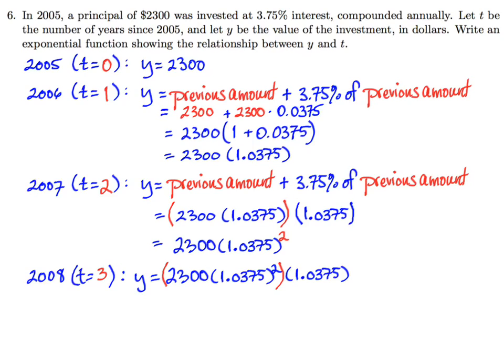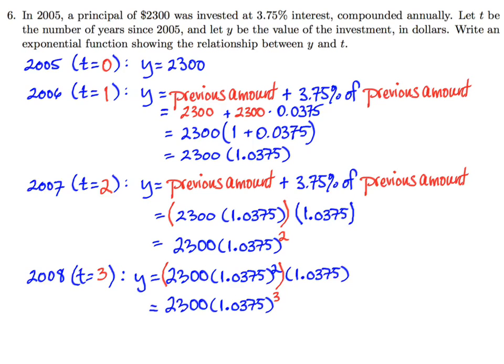So we can see that in the year 2008, when t is equal to 3, y is going to be 2,300 times 1.0375 to the 3. So we see a pattern. Each year, we just multiply the previous year's amount by another 1.0375.